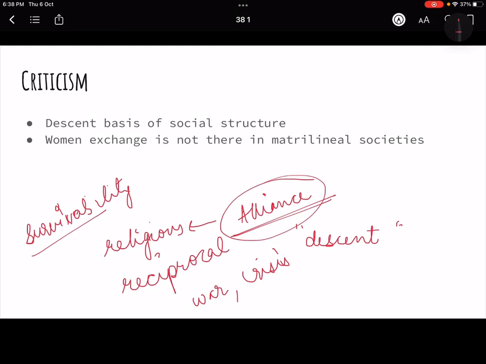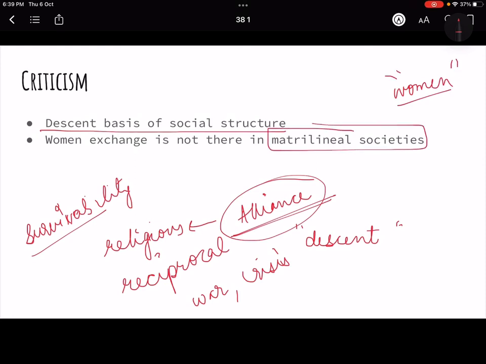But there was criticism to this. People who were thinking that descent is more important, they criticized, saying that descent is the basis of social structure and alliances are not. Because alliance, as he is talking about women, exchange of women, but what if the societies are matrilineal? उसमें तो there is no exchange of women, na? So what about them? So that means there was criticism to Claude Lévi-Strauss's theory.